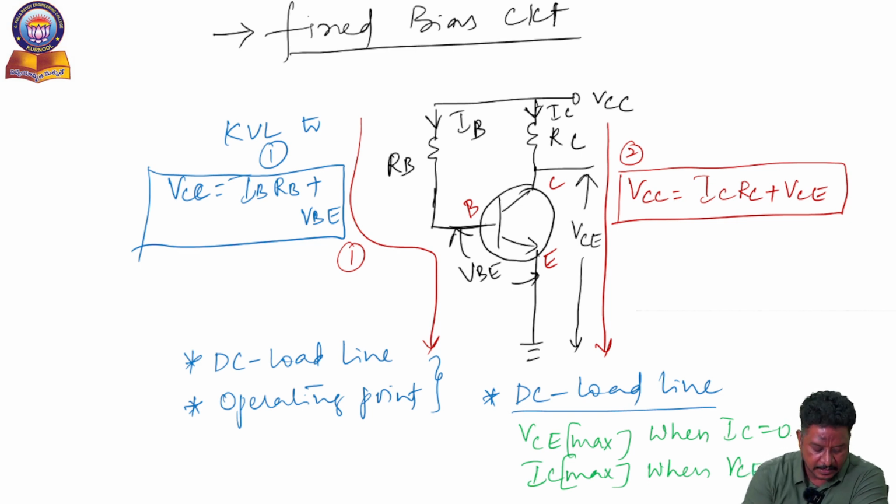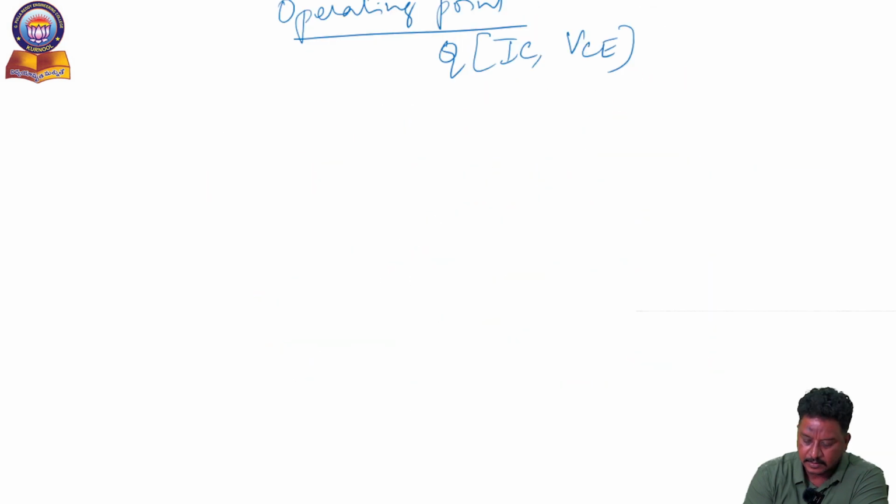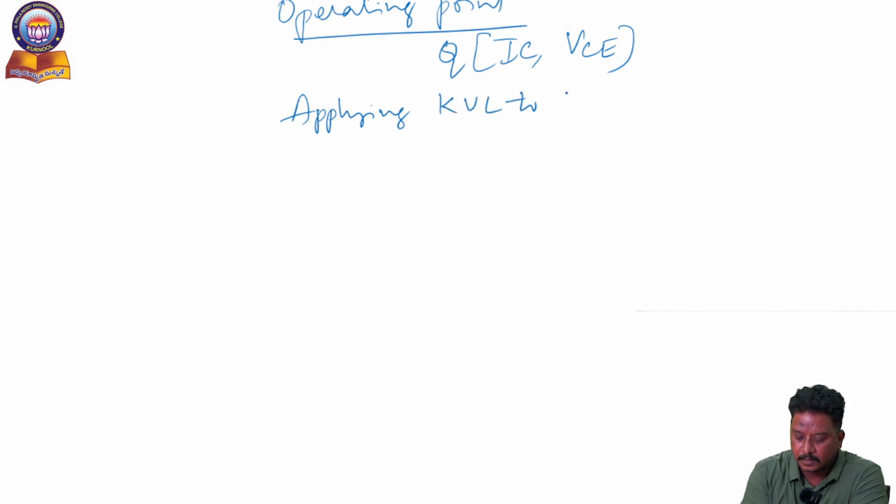I am taking the help of the same equation in locating the operating point also. Applying KVL to path 1, I am getting VCC is equal to IBRB plus VBE.